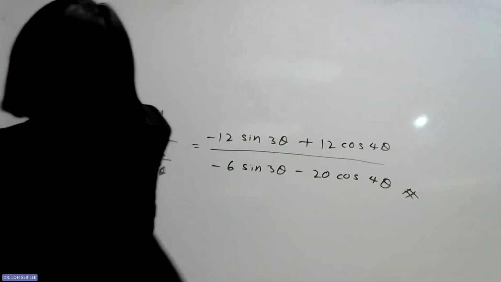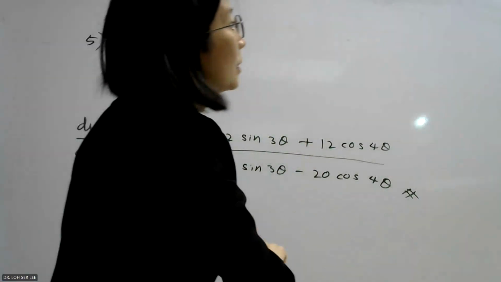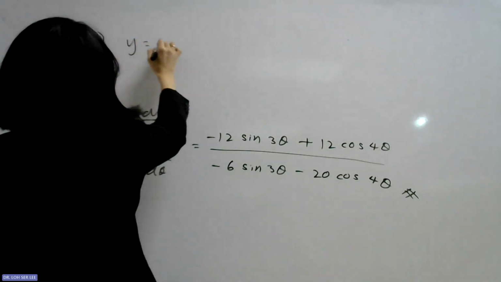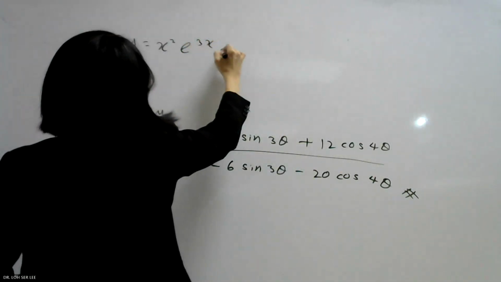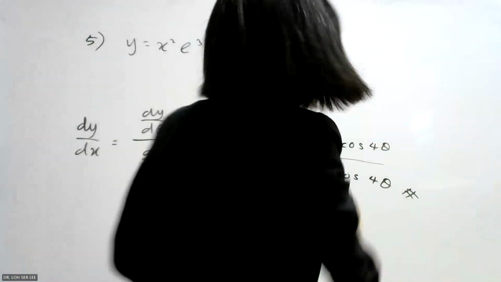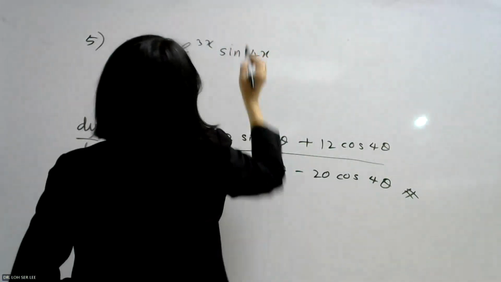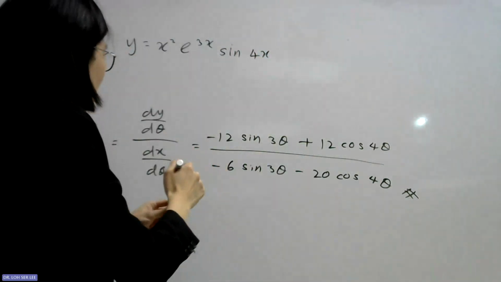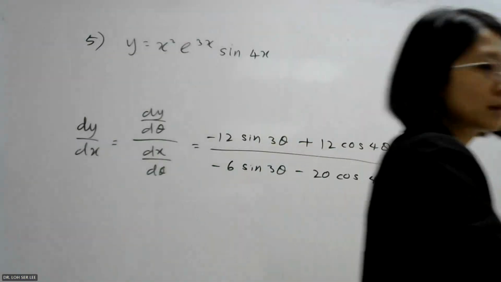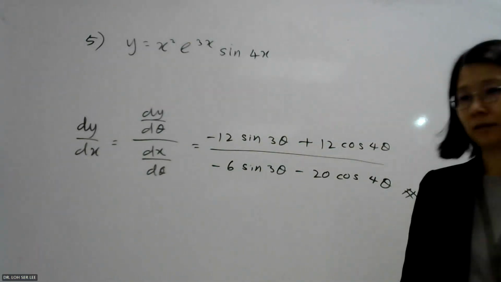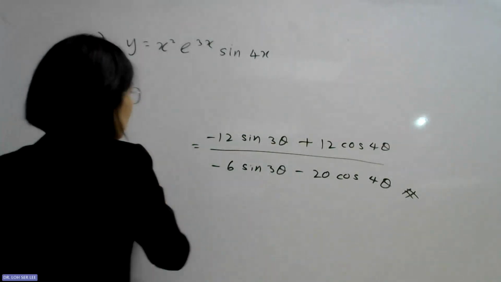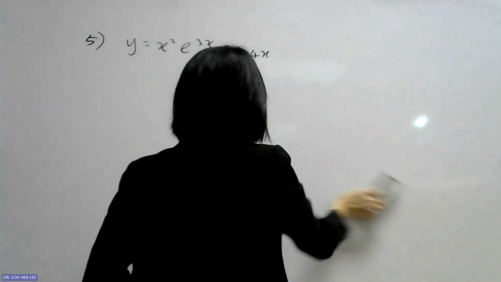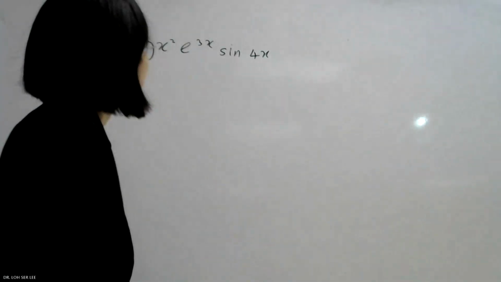Okay, last one, number 5. y equals x squared e^(3x) sine 4x. How to get the dy/dx?